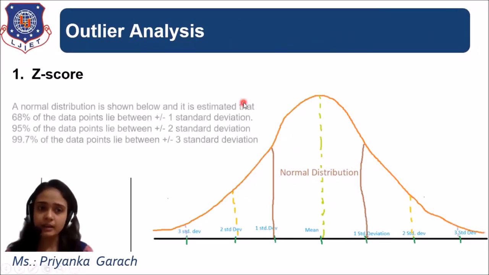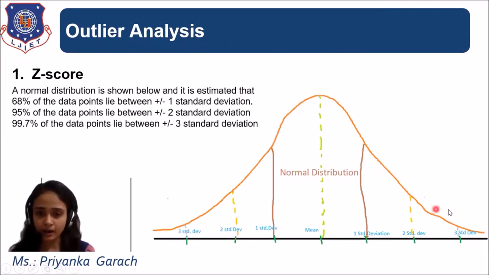Suppose this is my graph, and it shows the normal distribution because it is bell shaped. Where does the mean lie in a normal distribution? In unit number 2, in phase 1, we saw where the mean lies for a symmetrical bell shaped curve: somewhere in the middle. So this is my mean value.